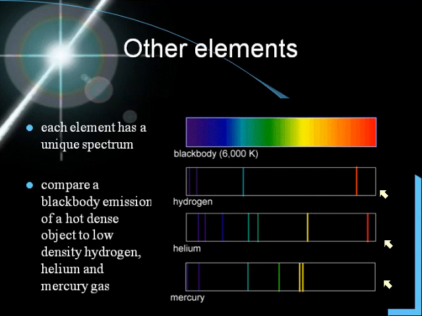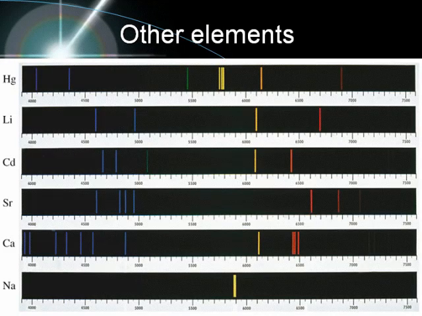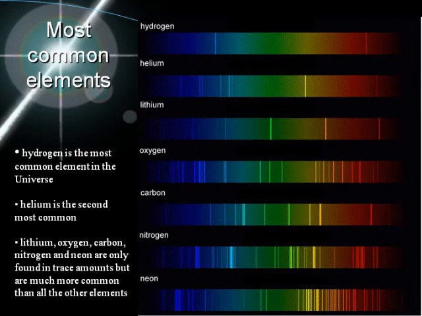And the reason why they have this sort of bluish tint is because of these violet lines down here. Other elements, again, you can see mercury, lithium, cadmium, strontium, calcium, sodium, we've already talked about. All of these have very distinct spectral lines, which gives them their unique fingerprints. Here's some more common elements.